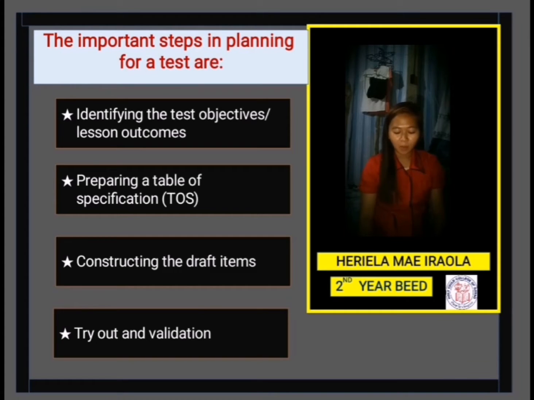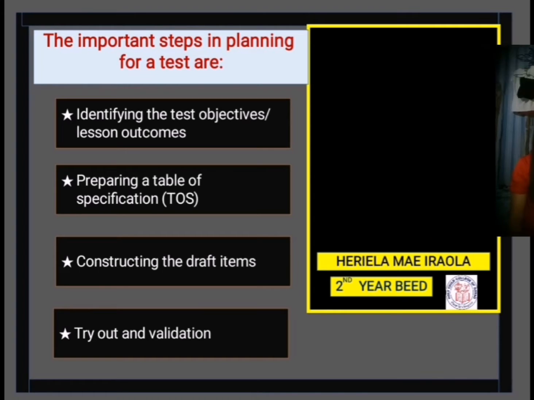First is the important steps for a test: identifying objectives, table of specification, prototypes, construction, test item, the types of paper and pencil test, construction selected response type, and the last one is the guidelines for constructing response test.